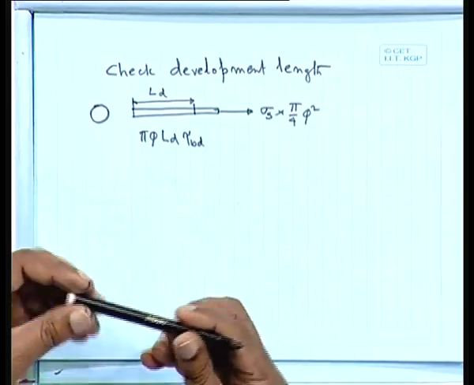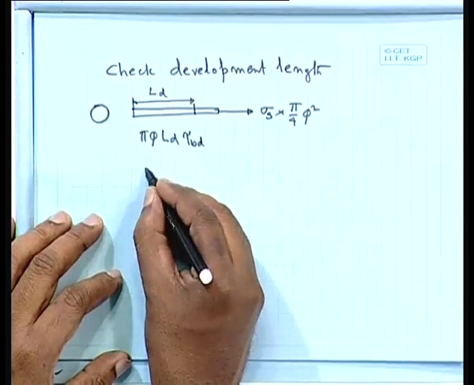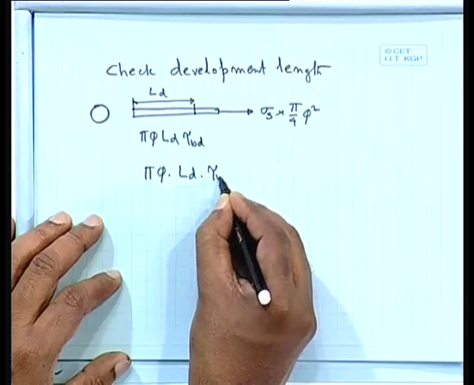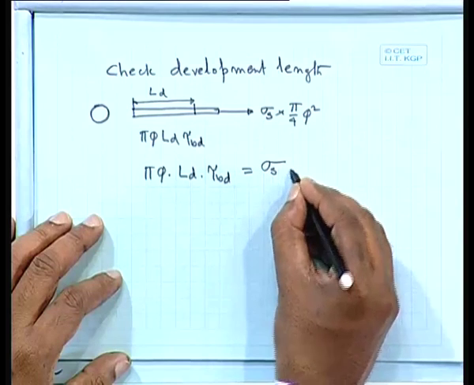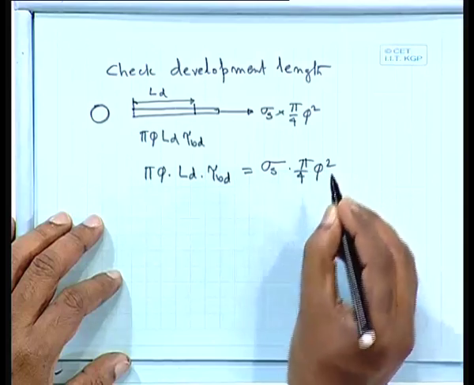So what is the surface area of this cylinder? The surface area is equal to pi phi times the length whatever I am holding, and then the permissible stress, that is tau BD. So I can write down pi phi times LD times tau BD equals sigma s times pi by 4 phi square.